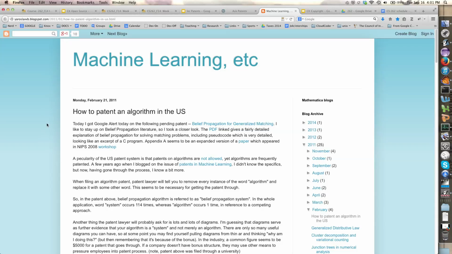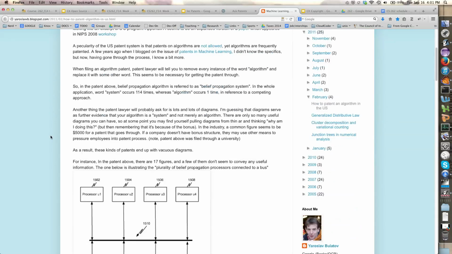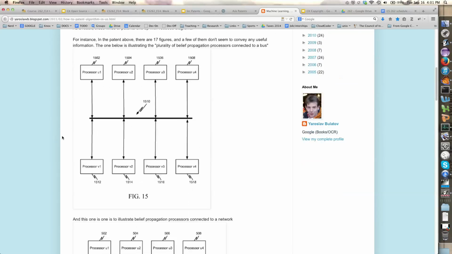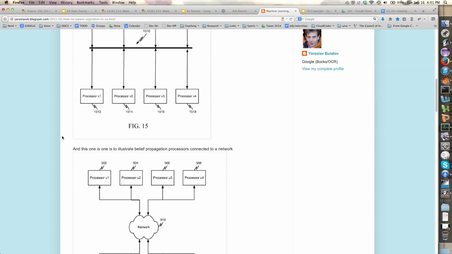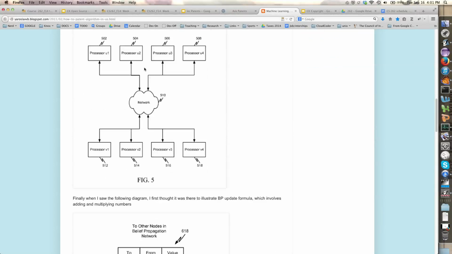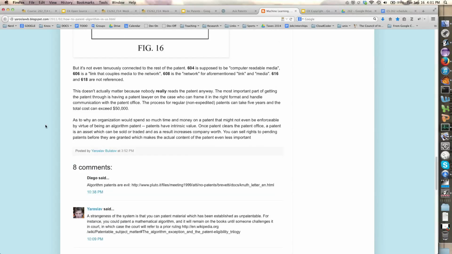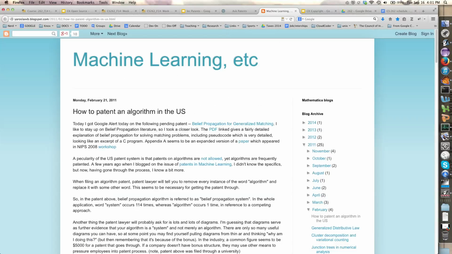This is a researcher who works on machine learning, and this is a really, really interesting article looking at some of the pictures from his patent application, things like that. These are these really non-specific flowchart pictures that don't really seem to have any meaning. So if you read through this article, it's really interesting. Now, once again, this is just one person's perspective.